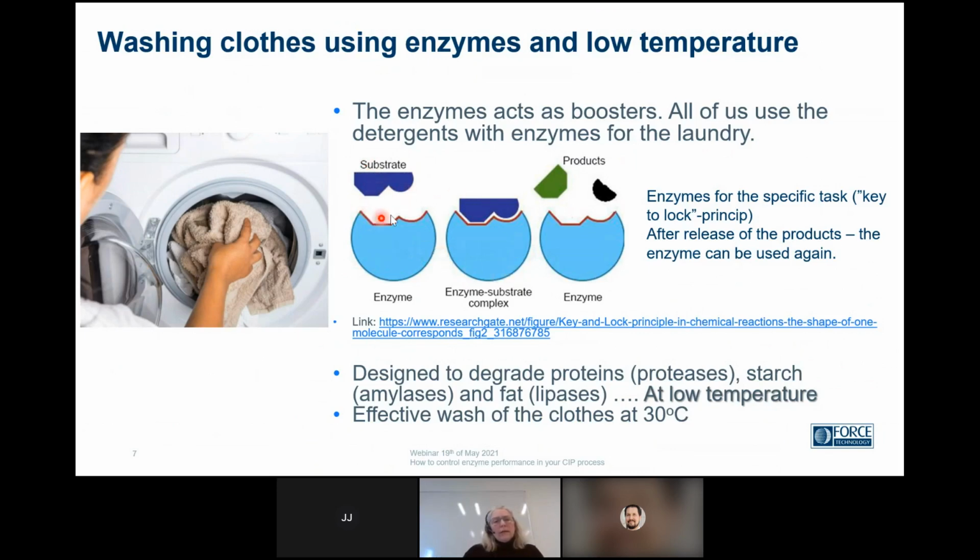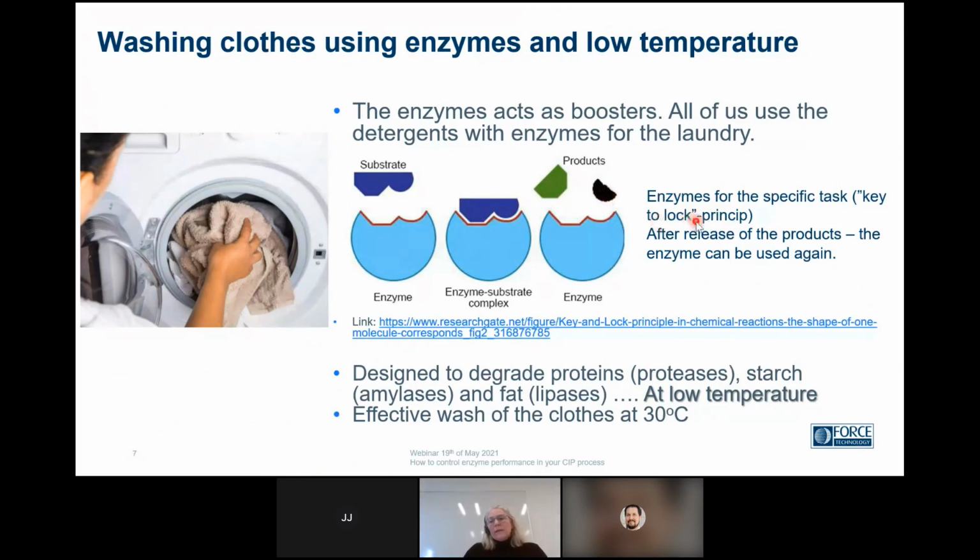They form an enzyme-substrate complex, and because of the action of the enzyme, it can split, degrade, if we can say that, the substrate into two products, and it's easier to clean.